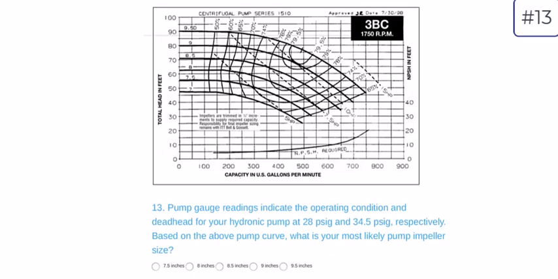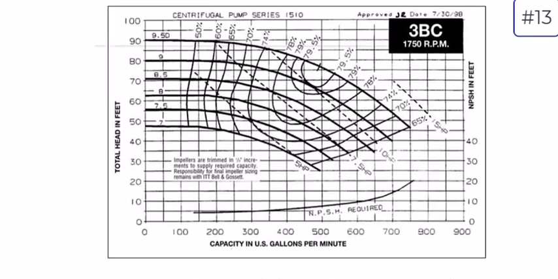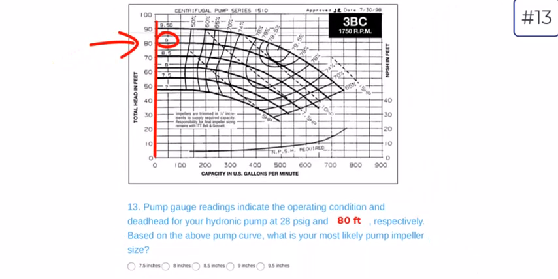So it's the deadhead condition, or the second number, the 34.5 PSIG, that is read across the pump. If we convert that to feet of head using the 2.31 feet of head per PSI conversion, then we get about 80 feet of head, and that's indicating that at a zero flow condition we are most closely associated with this 9-inch impeller size.